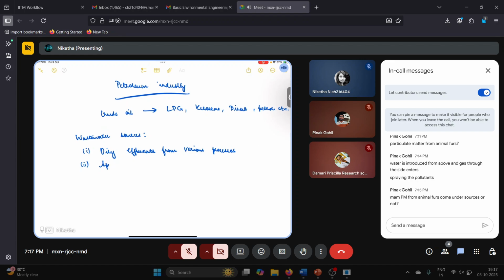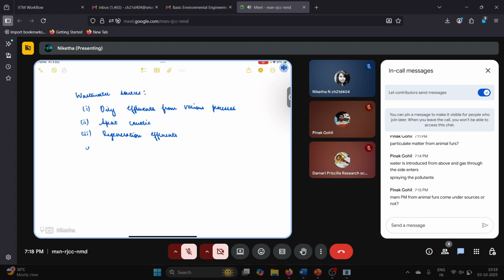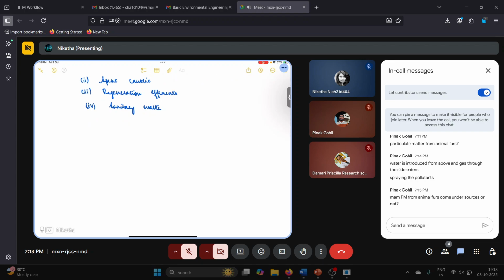And there is spent caustic, and effluent from regeneration. And there can even be sanitary waste. So, what are some major contaminants in a petroleum refinery plant?